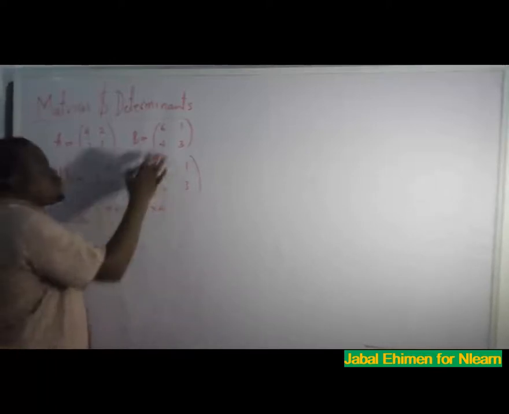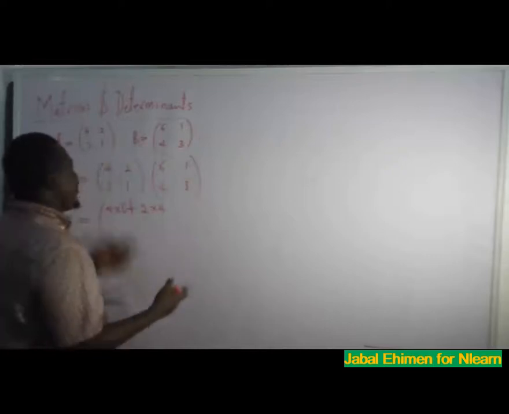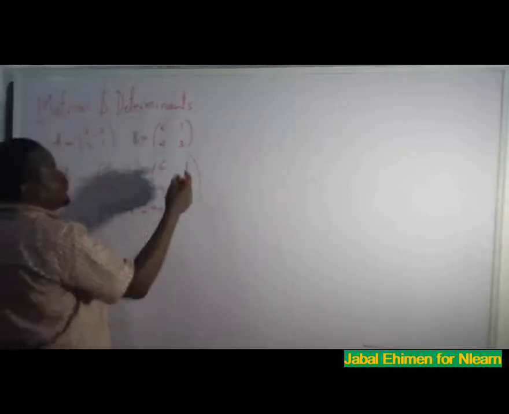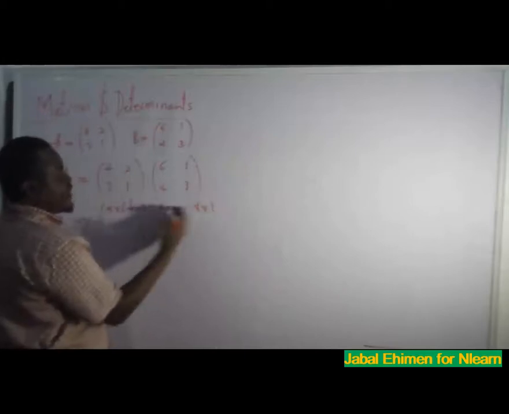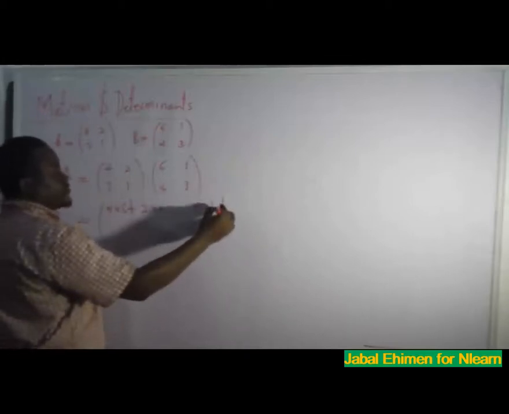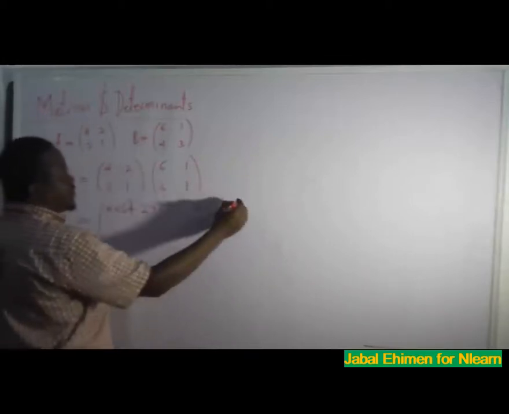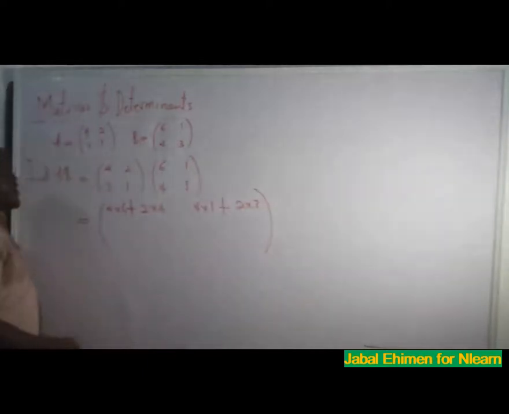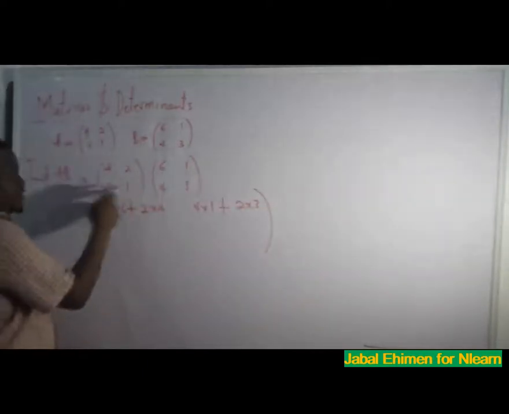So I've used the first row to multiply the column. I will now take the same first row to multiply the next column. That will become 4 times 1, plus 2 times 3. I'm done with the first row. Let me now use the second row.